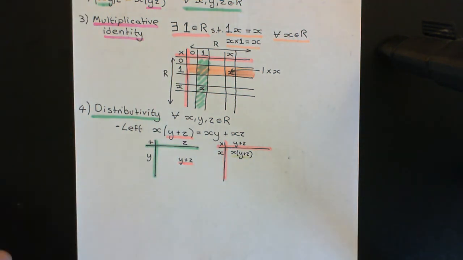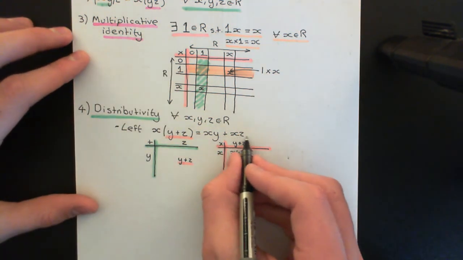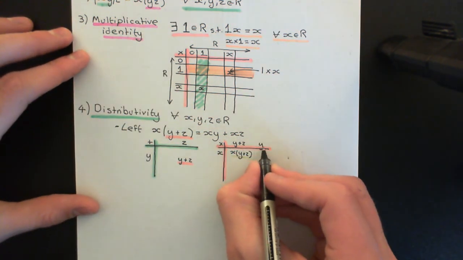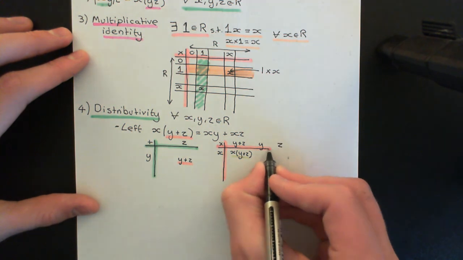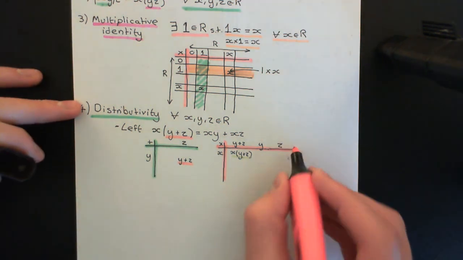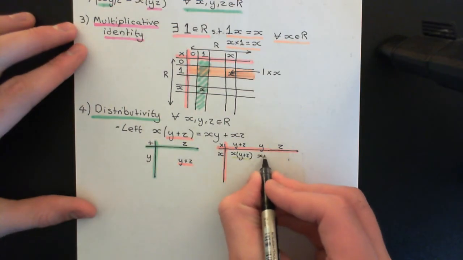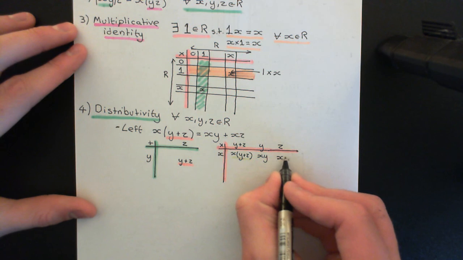Now on the right-hand side, we're doing something very different. We're firstly multiplying x with y and x with z. So I'll say this is the column dedicated to y, and this is the column dedicated to z over here. I'll just extend my multiplication table up a little bit. I'm multiplying these two together, so I'll get x times y here, and x times z here.